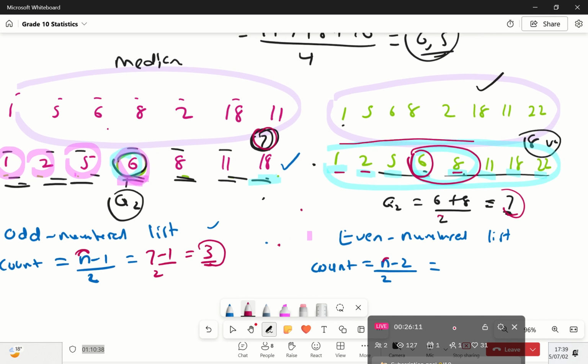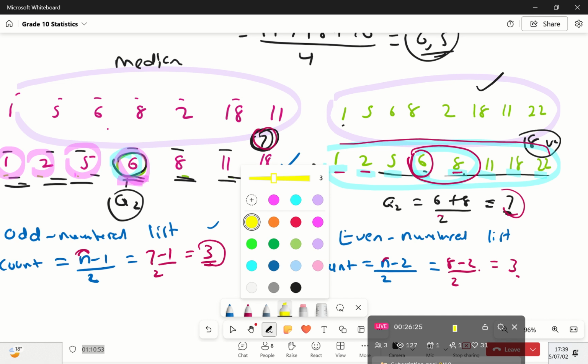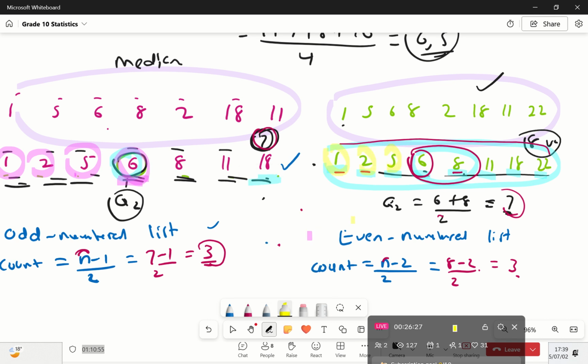In our case, on this data set, n is 8, so this will give you an answer of 3. Then you're going to count 3 digits before you get to the middle pair: 1, 2, 3. Then the next two numbers are the median values, and then you want to divide that by 2.